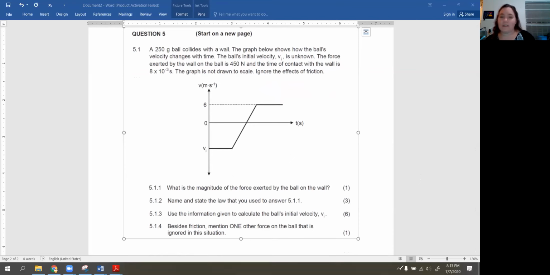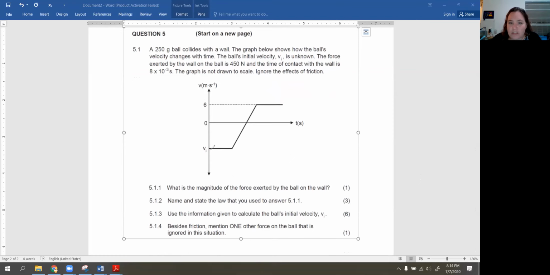It's still quite a nice question. Question 5.1: a 250-gram ball collides with a wall. The graph below shows how the ball's velocity changes with time. So its initial velocity is VI. We don't get told what it is, but its final velocity is 6 meters per second.